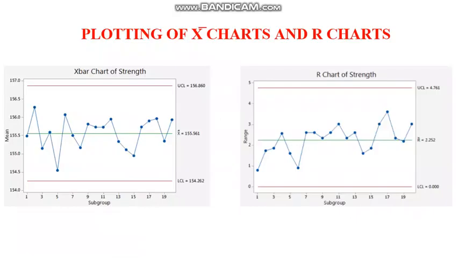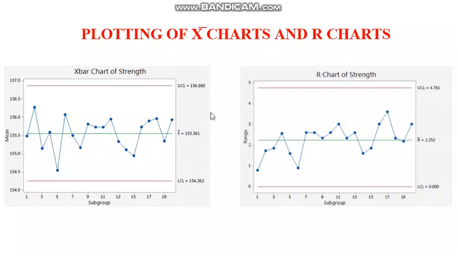Here they didn't use dotted lines. If it is black and white, you can use dotted lines to differentiate, but if you can make colored charts, you use some other color. Here a purple color is used for the lower control limit and upper control limit. The X double bar you got is 155.561, so it is plotted like this.